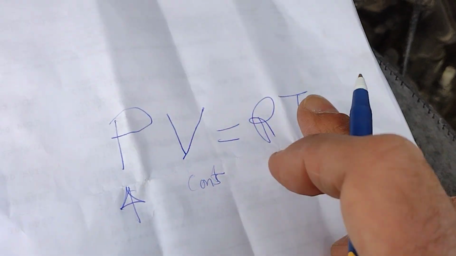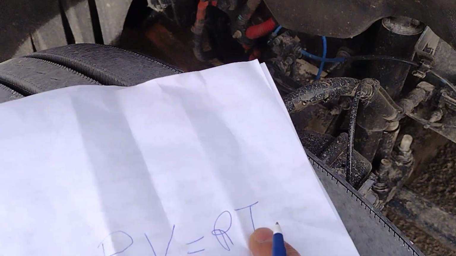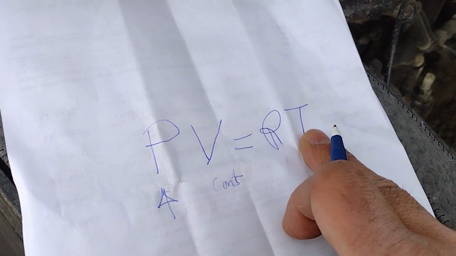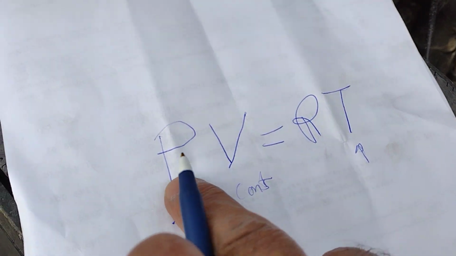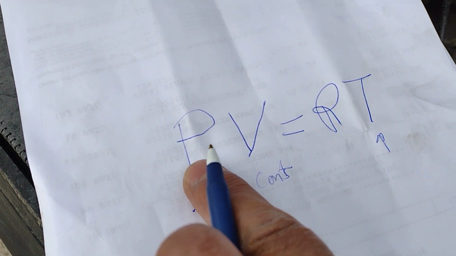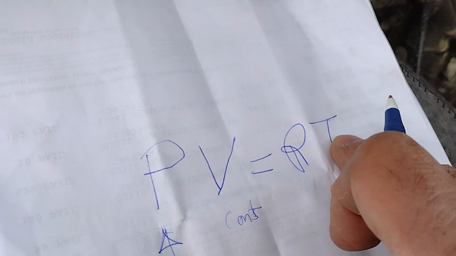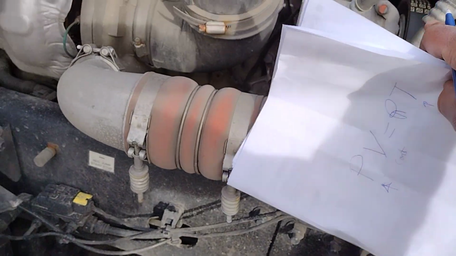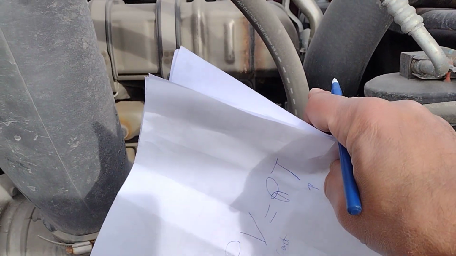So why would you increase the temperature when you wanted to cool the truck? Here is the trick. You have a compressor that compresses, which means it increases the pressure under constant volume. You increase the temperature of the gas. The gas is the freon or whatever coolant, whatever refrigerating material you use.